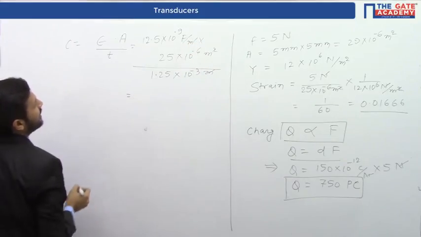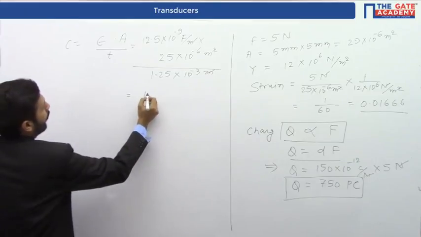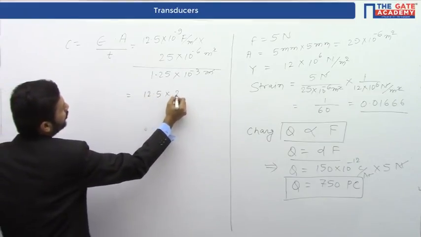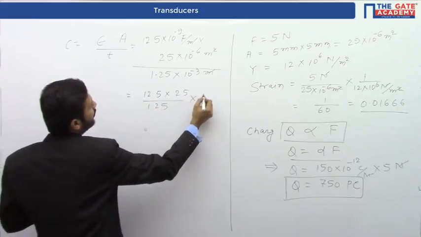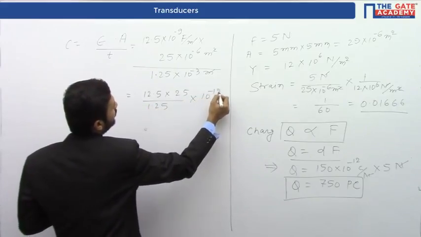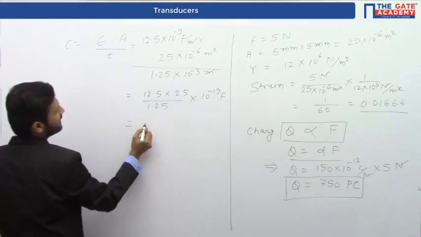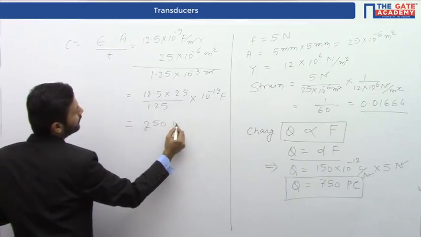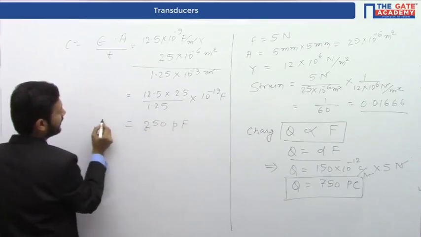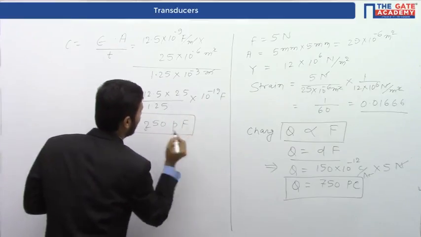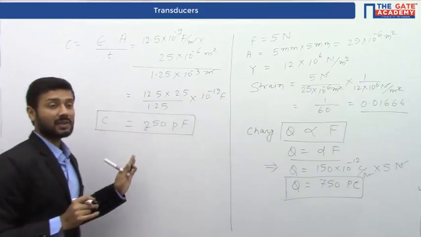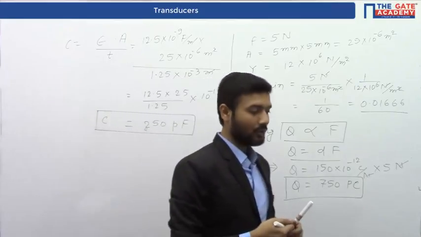So it is approximately 12.5 into 25 by 1.25 into 10 to the power minus 12 farad, which equals 250 picofarad. The capacitance value we have got is 250 picofarad.